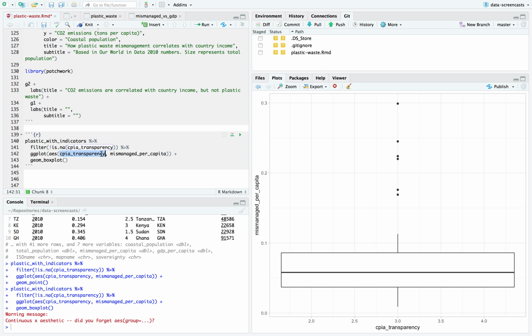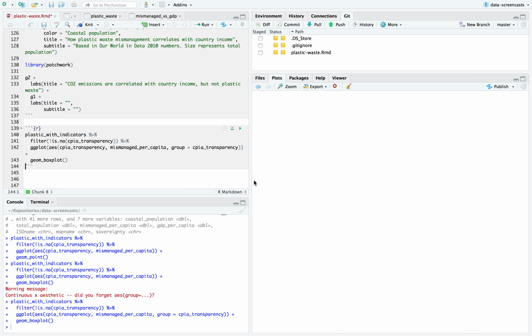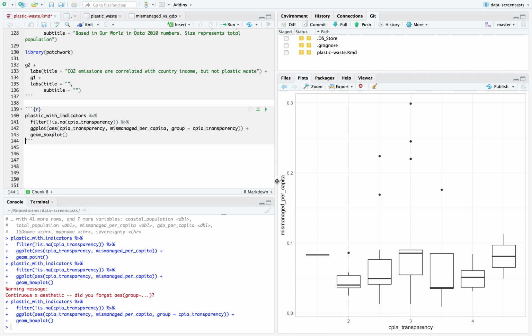When we do a box plot with a numeric x, we need to say group equals. No, it doesn't look, we could look at whether it does, but have some relation when we add other metrics, but we can see that 1 is low, 6 is high, and some of the countries that we have a metric for with the highest trust have also relatively high levels of plastic waste mismanagement.